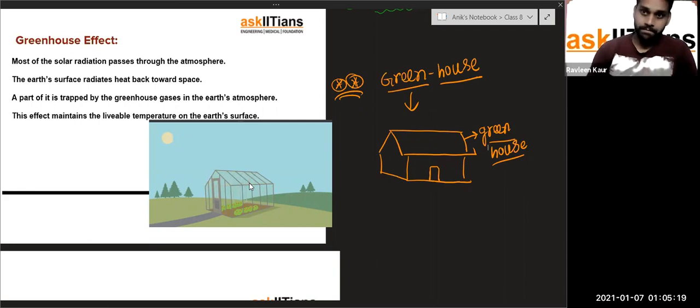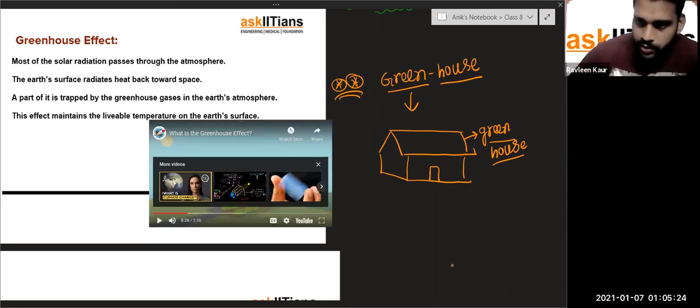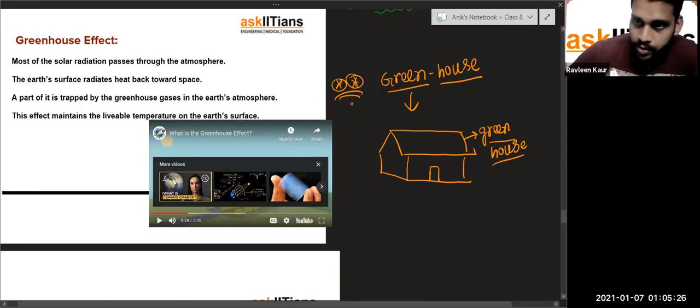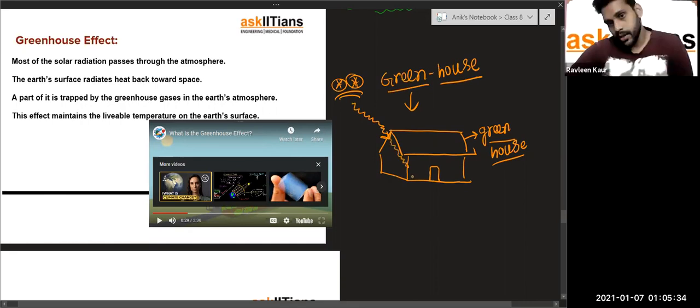So this is a very important thing. Okay, so what is a greenhouse actually doing? When the sunlight is falling into the greenhouse, it is going straight through it and falling onto the plants.